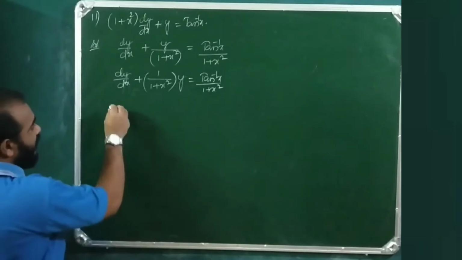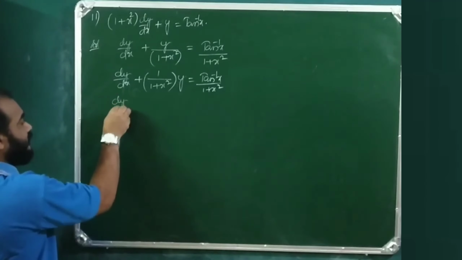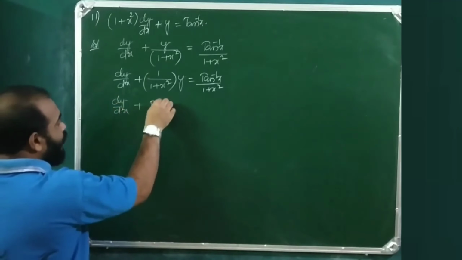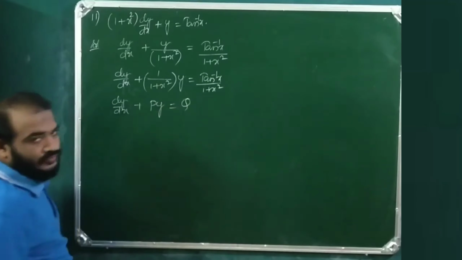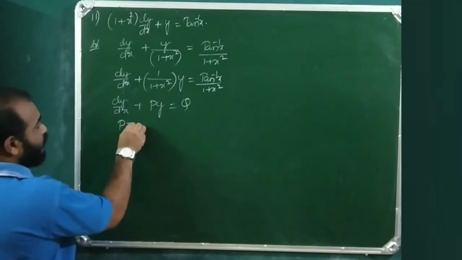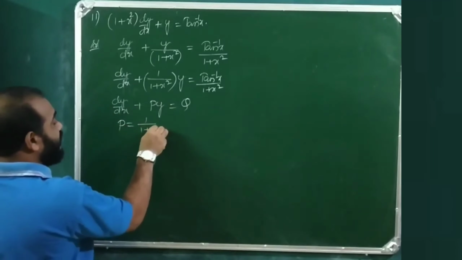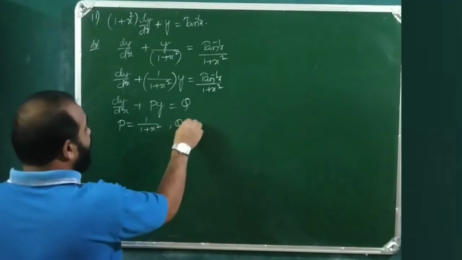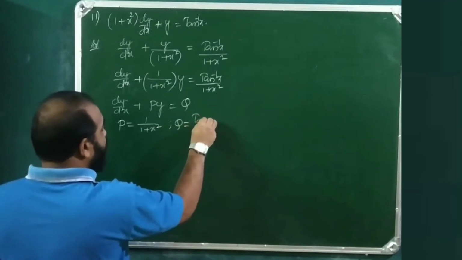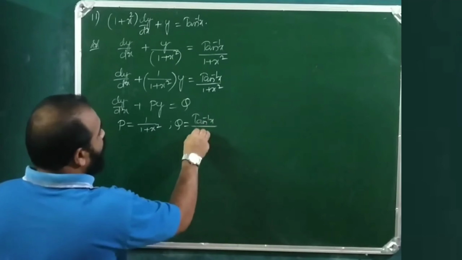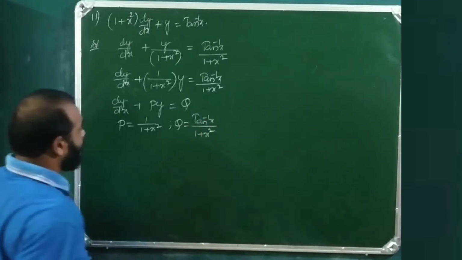So this is clearly of the form dy by dx plus py equals q, where p is equal to 1 by (1 plus x square), and q is equal to tan inverse x by (1 plus x square).